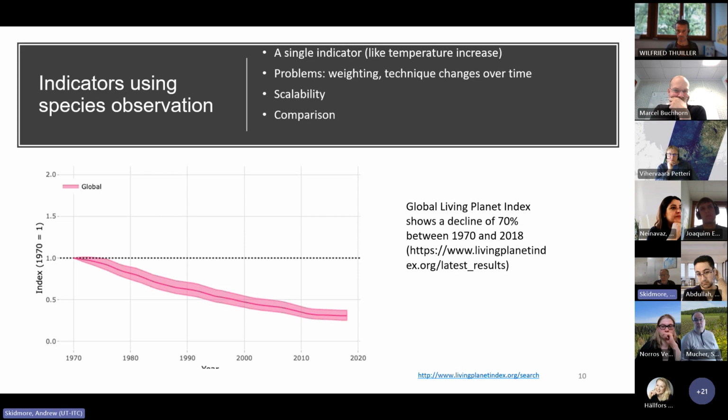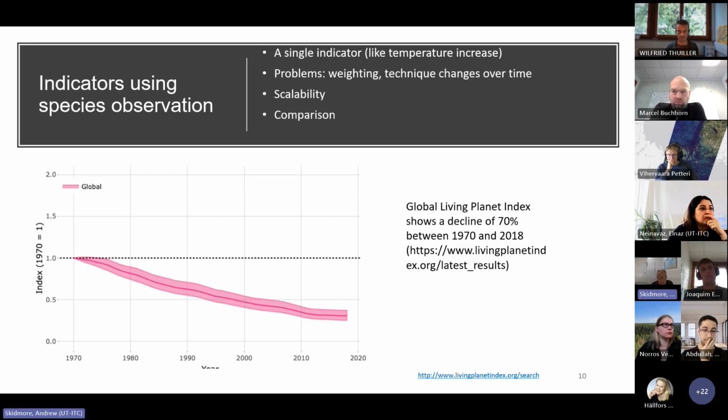And the Global Living Planet Index, which the WWF started in the 70s, they've shown, using a technique based on data that was actually collected from observations. So these are observations which have been verified, either government or published data sets that can be verified.